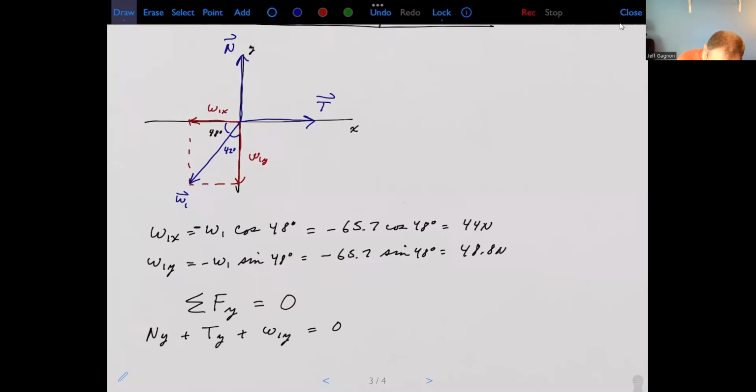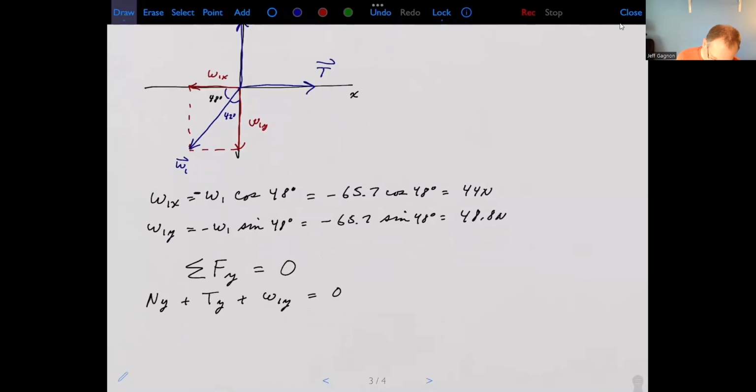That's got to equal 0. The entire normal force is acting in the positive y direction, so that's just plus N. The y component of tension is 0, since none of that tension is in the y direction. And the y component of the weight we already found was negative 48.8. It's negative W1 sine of 48, which we already calculated as 48.8.